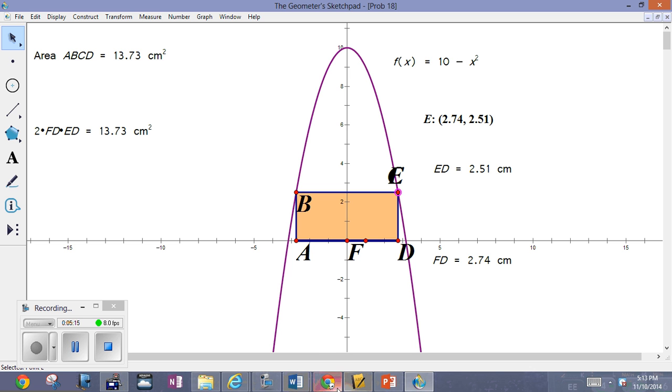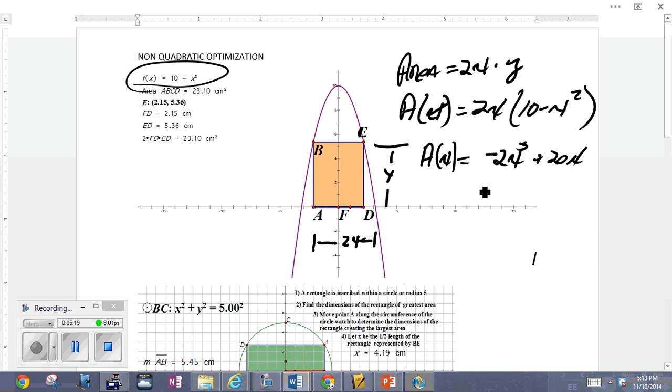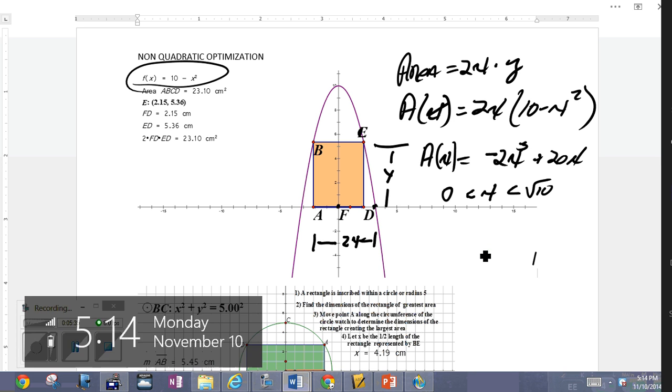So when I look at this situation here, I'm going to state that the domain, the x value, needs to be between here and the x-intercept. So x is between 0 and root 10, so somewhere a little over 3, I guess we'll say.